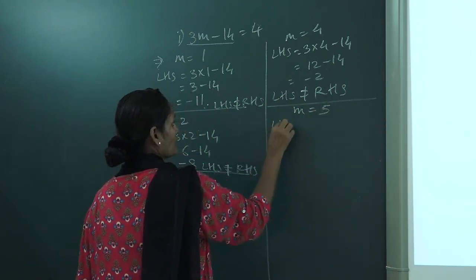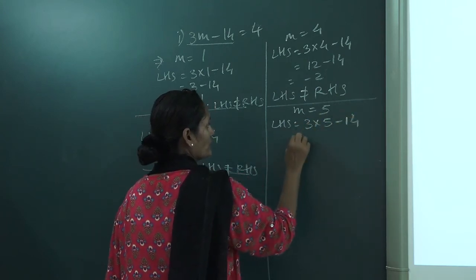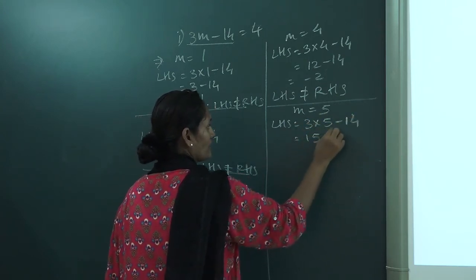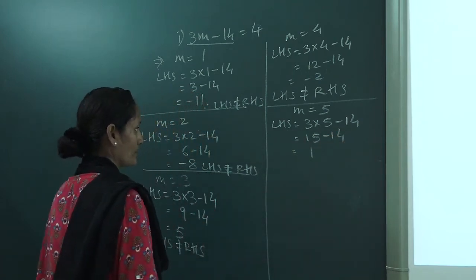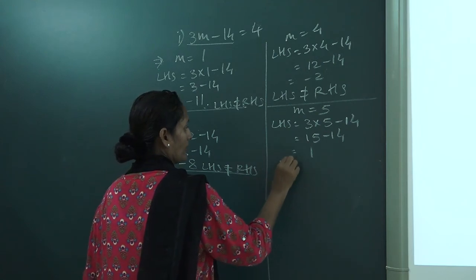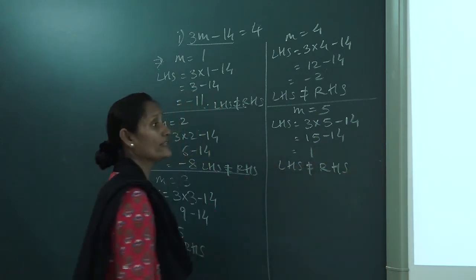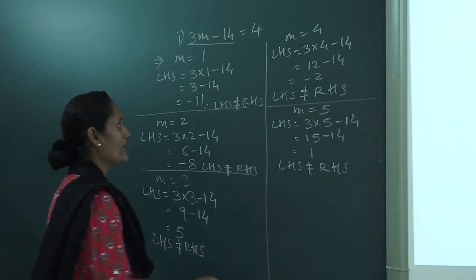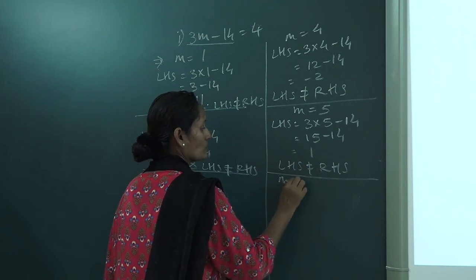My LHS will be 3 into 5 minus 14. 3 fives are 15, 15 minus 14, which equals 1. Then again LHS is not equal to RHS. You have to keep on solving. That is why it is known as the trial and error method, and it is quite lengthy also.